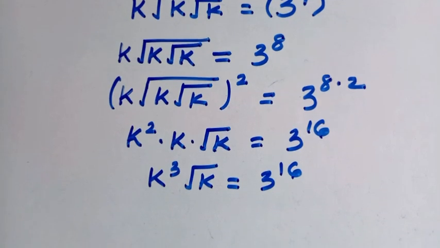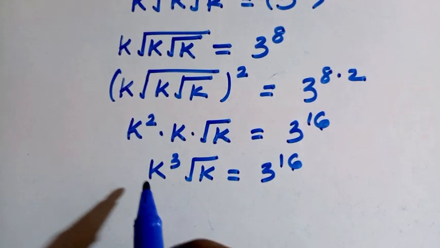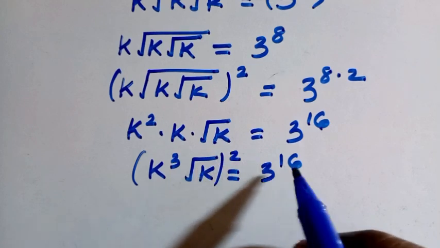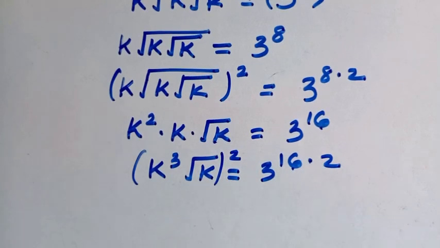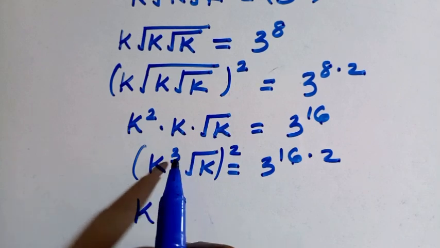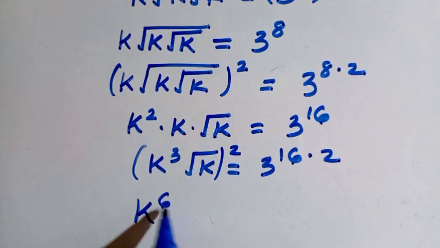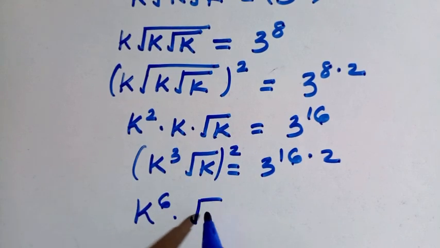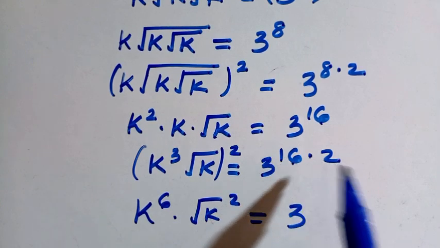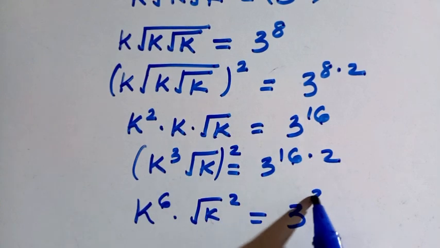And when we take the square of both sides again, we are going to have this as all squared. So this raised to power 2 and this also raised to power 2, which is multiplication form. Here we have k raised to power 3 times 2, that is 6, multiplied by square root of k raised to power 2 equals 3 raised to power 16 times 2, that is 32.